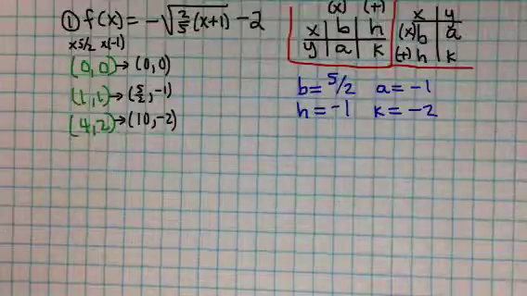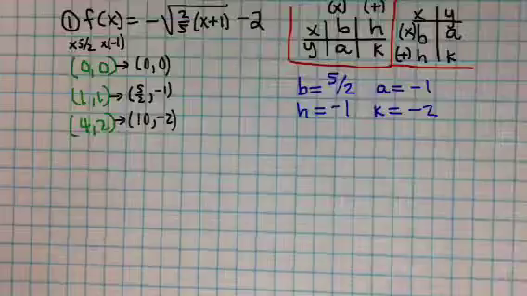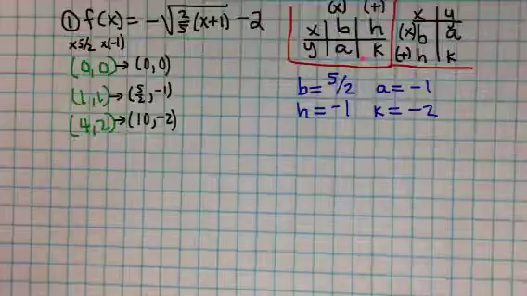So now we are going to apply the H and the K. So we're going to apply these two things. And notice, for H and K we add the values to x and y.